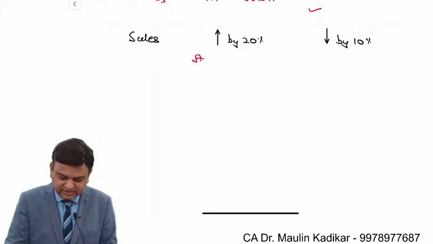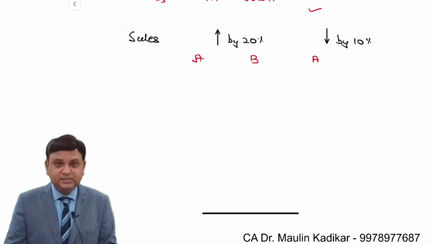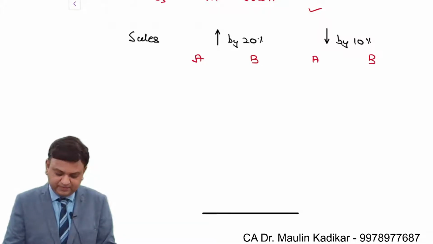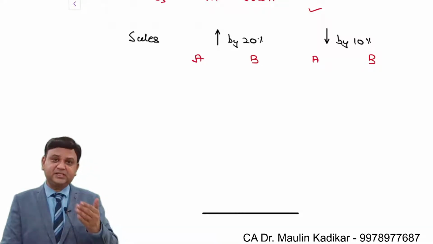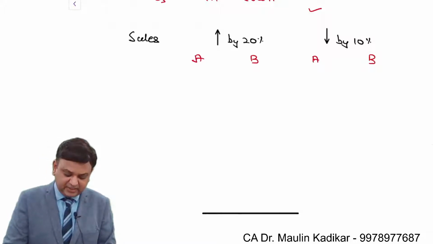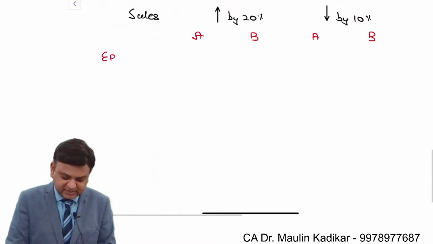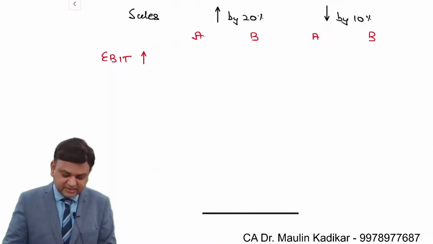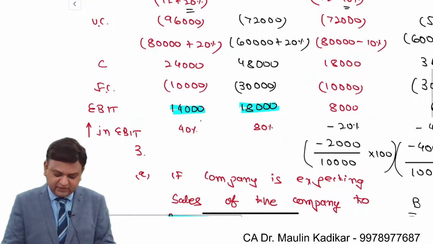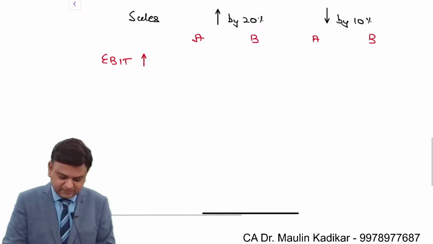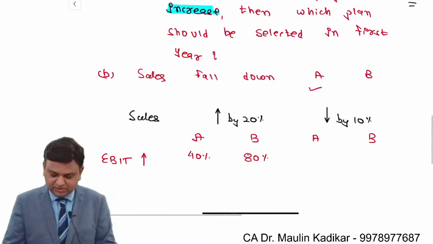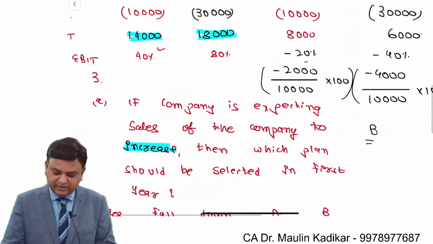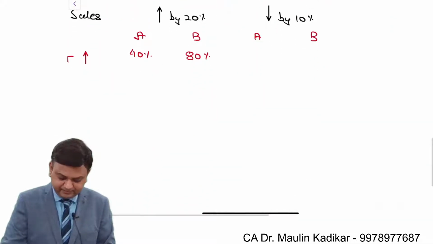This is plan A, this is plan B. If at all the sales increases, the operating income increases. Now what is the rate at which the EBIT increases? We understand that the EBIT increases in the first case by 40 percentage, and over here it increases by 80 percentage. It reduces by 20 and reduces by 40.